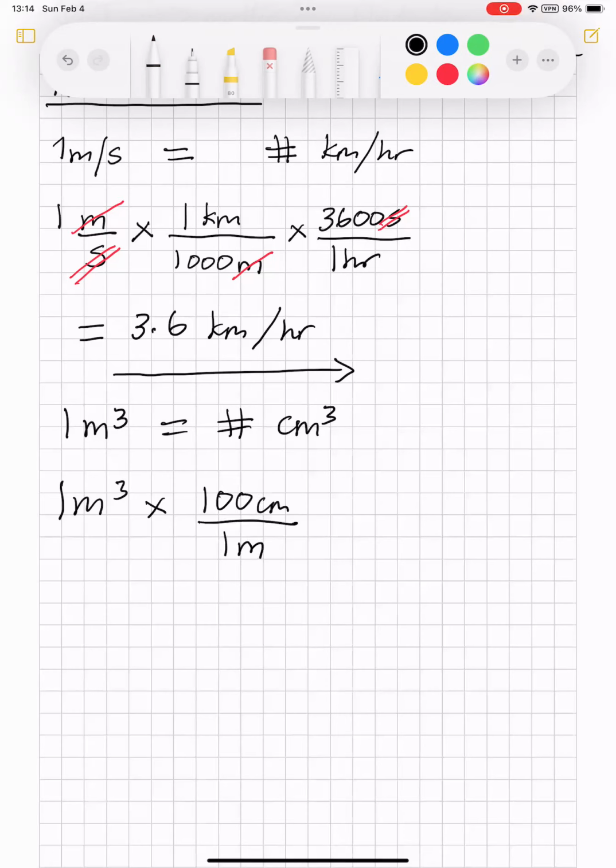That's certainly I've multiplied by 1, but I want to divide out a meter cubed. So let me cube this. And then 100 is 10 to the power of 2. 10 to the power of 2 cubed is just 10 to the 6 centimeters cubed. Okay, so these conversions are always done by multiplying by 1.